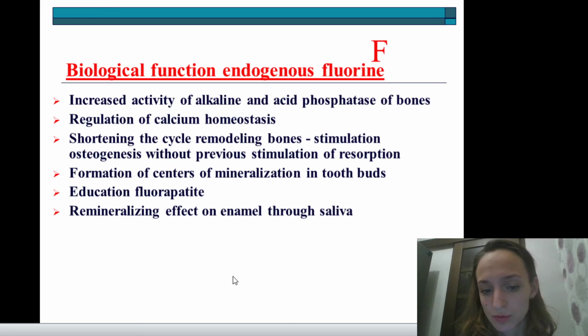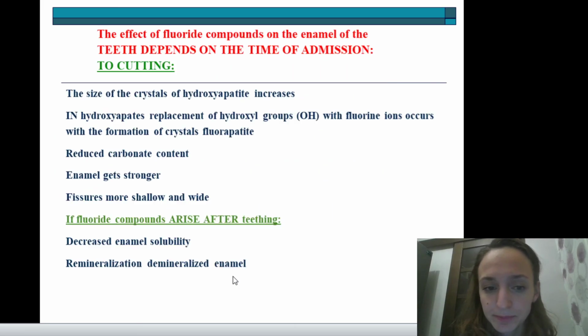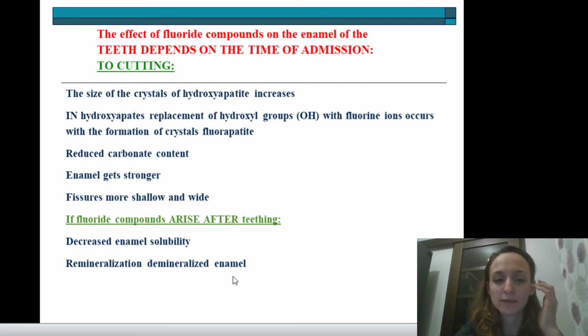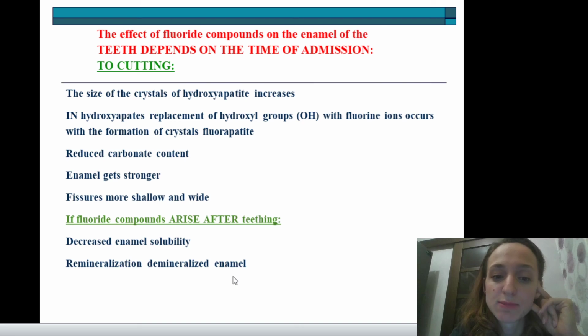remineralizing effect on enamel through saliva, and the effect of fluoride compounds on the enamel of the teeth depends on the time of admission.